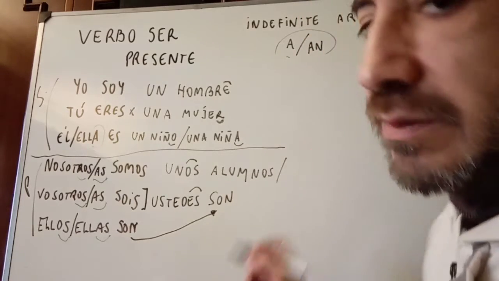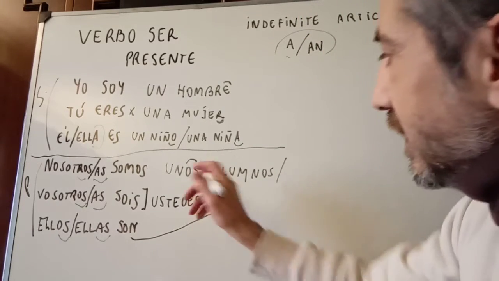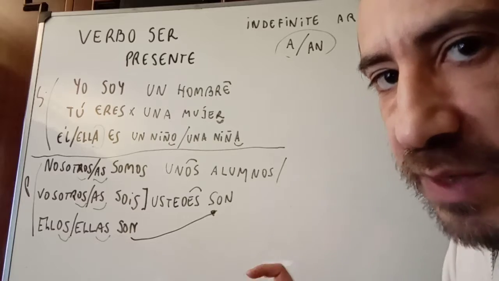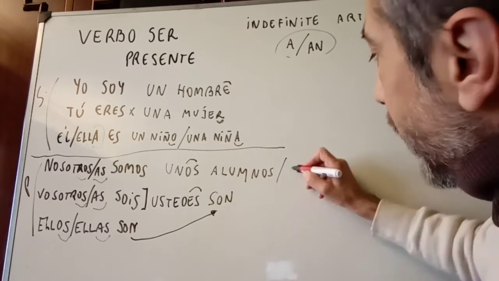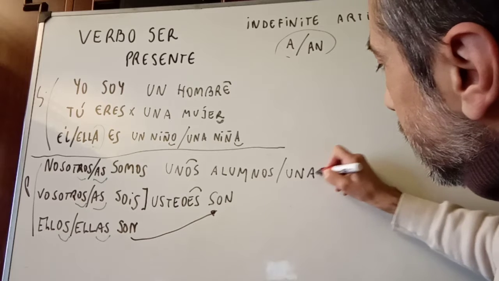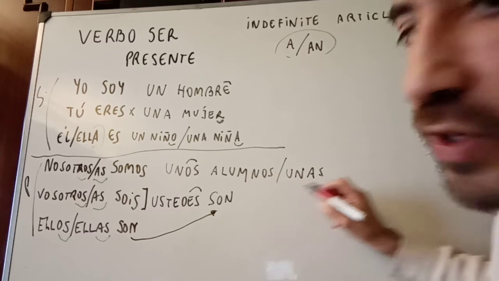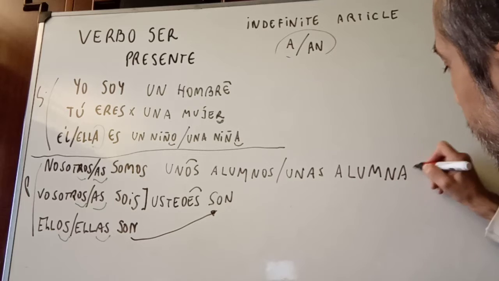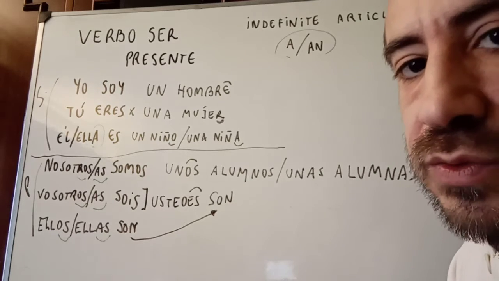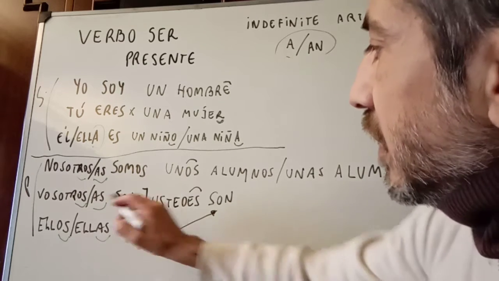Nosotras somos, and how do you say the feminine form of this? Nosotras somos unas, and instead of alumnos, alumnas. Nosotras somos unas alumnas, that's it.